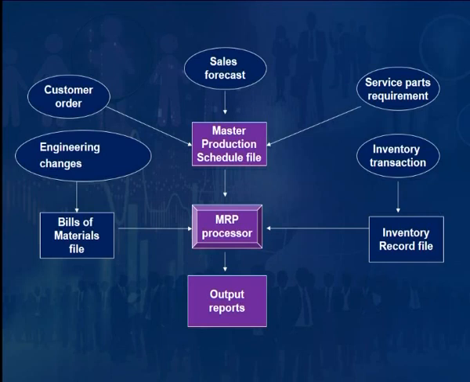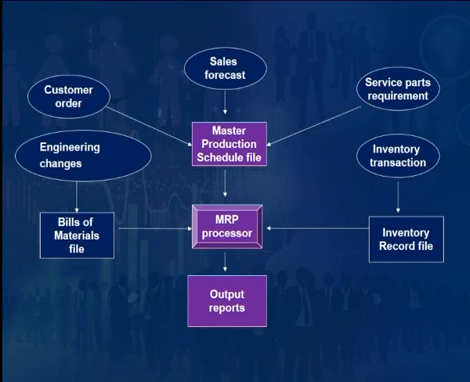In MRP processes, you get data from the master production schedule file, which in turn gets its data from the sales forecast, service parts requirements, customer orders, and engineering changes, because if there are any engineering changes, the bill of materials file will also change.